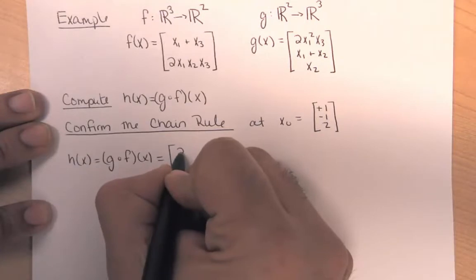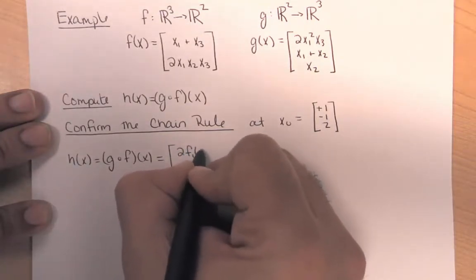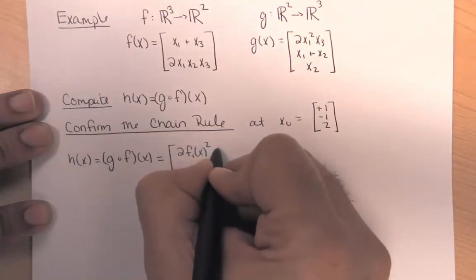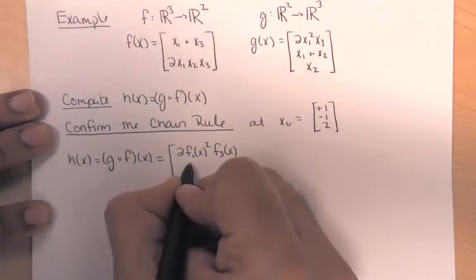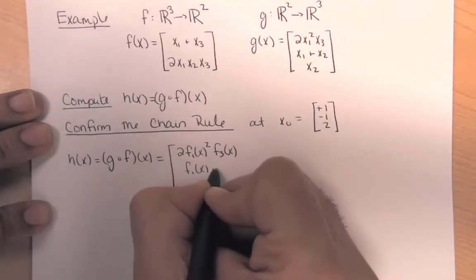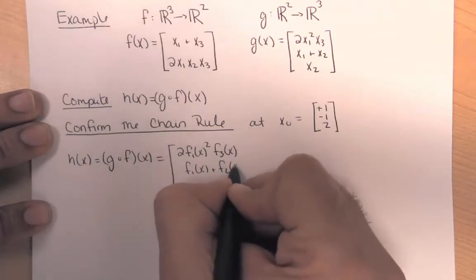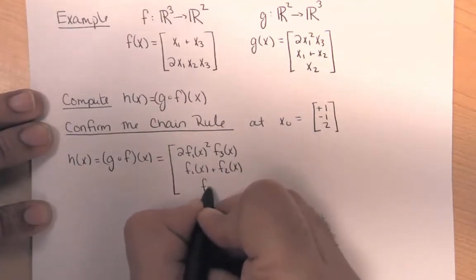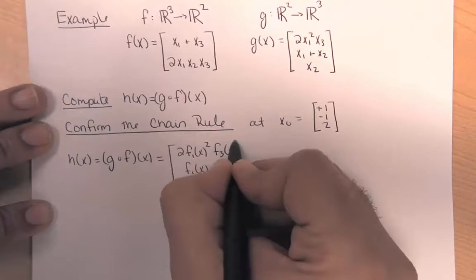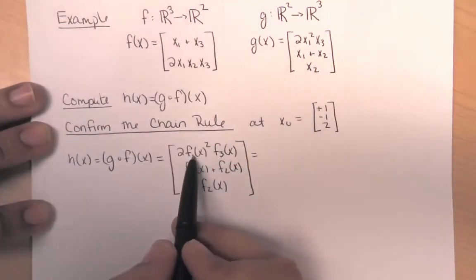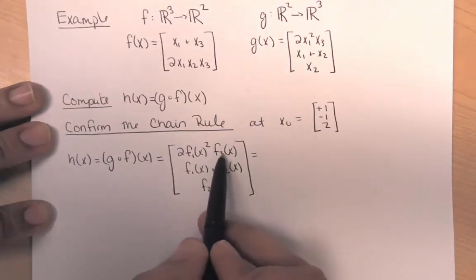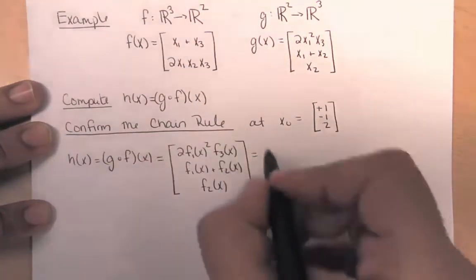So I'll get 2 f1 of x squared times f3 of x, f1 of x plus f2 of x, and f2 of x. And then let me plug in what f1, f2, and f3 are, of course, defined here.